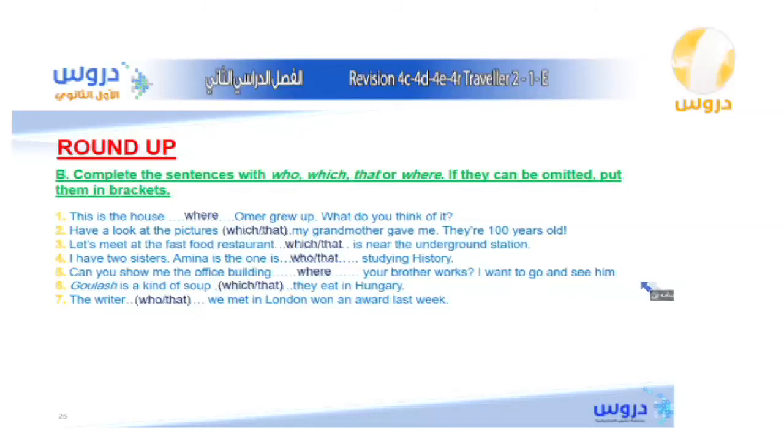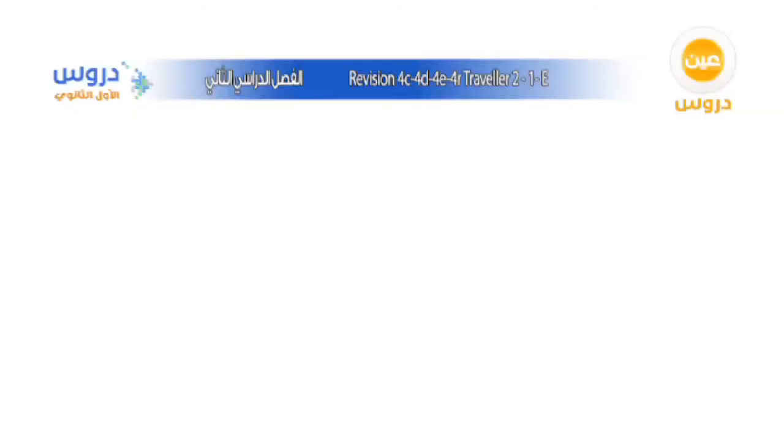I want to go and see him. Goulash is a kind of soup which or that they eat in Hungary. And the last one, the writer who or that we met in London won an award last week.